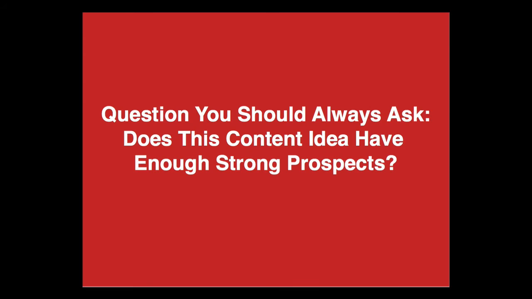So the most important question to ask yourself when doing outreach first is, does this content idea have enough strong prospects? And it's not just people who have blogs, but who have a website that links frequently in a way that is receptive to your specific kind of content and website.